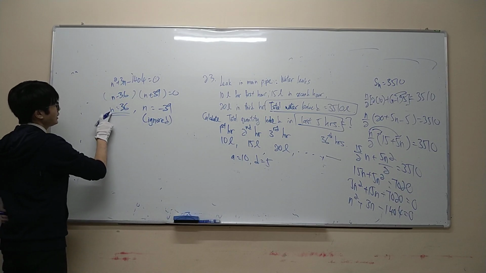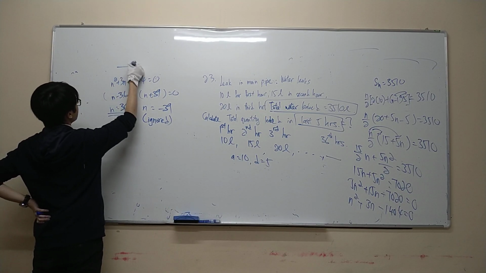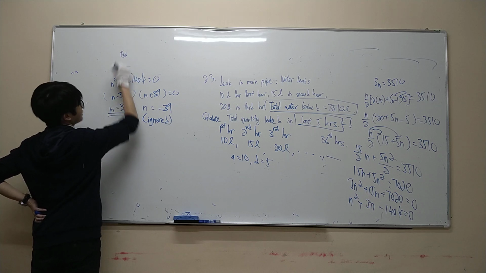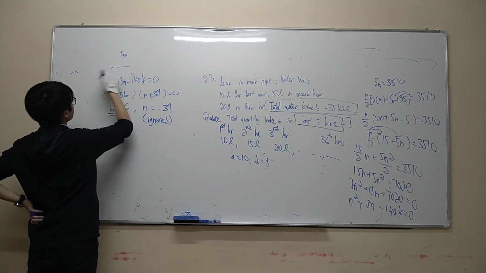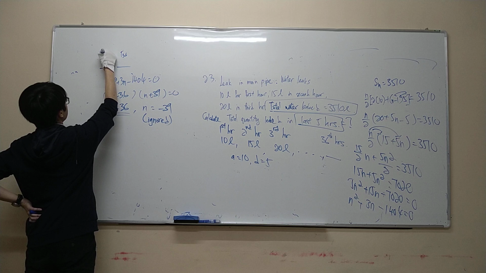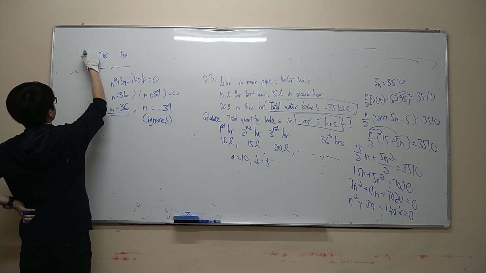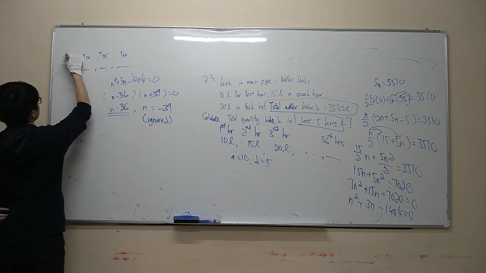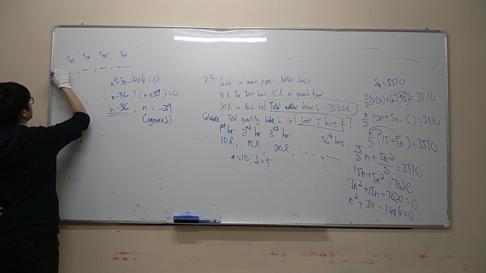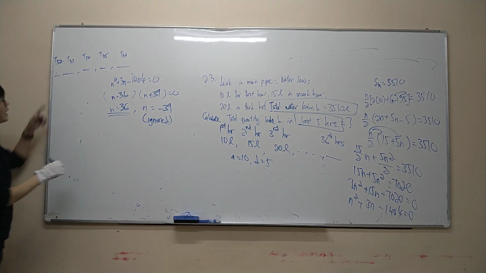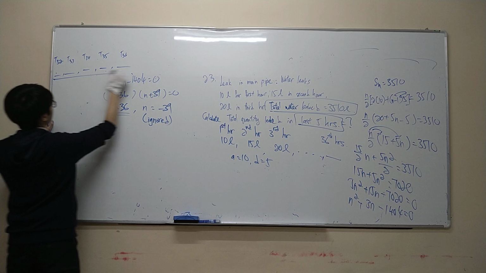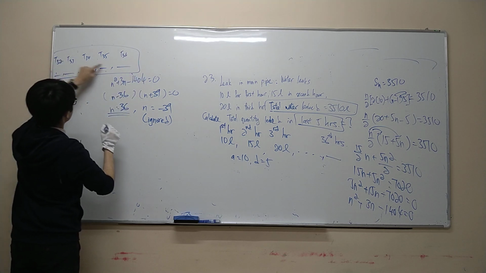So you already know n is 36. It means the last hour is 36. Alright? So what's before 36? 35. And then what's before? 34. And then 33. And then the last one, 32. Okay, why I stop here? Because last 5 hours. 1, 2, 3, 4, 5.